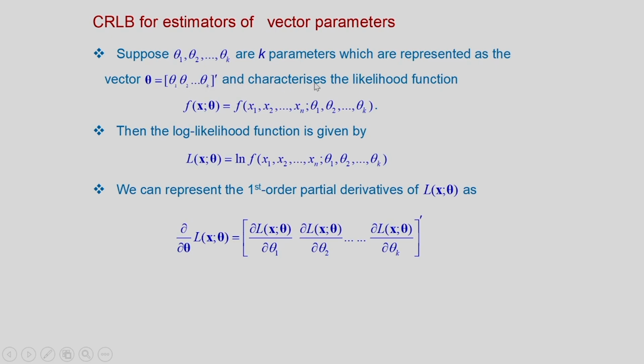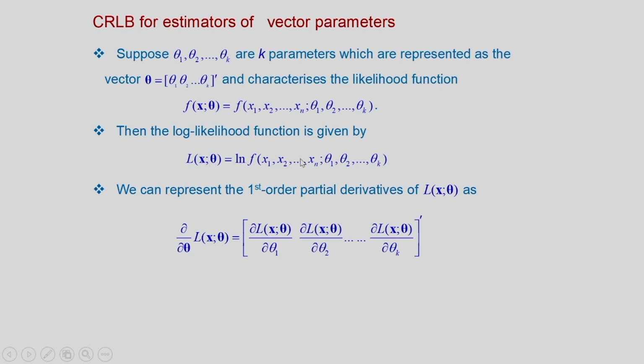This vector characterizes the likelihood function, and the likelihood function is given by f of x, theta, that is f of x1, x2 up to xn, and parameters are theta 1, theta 2 up to theta k. Then the log likelihood function is given by, we will take the logarithm. So, this is the log likelihood function.